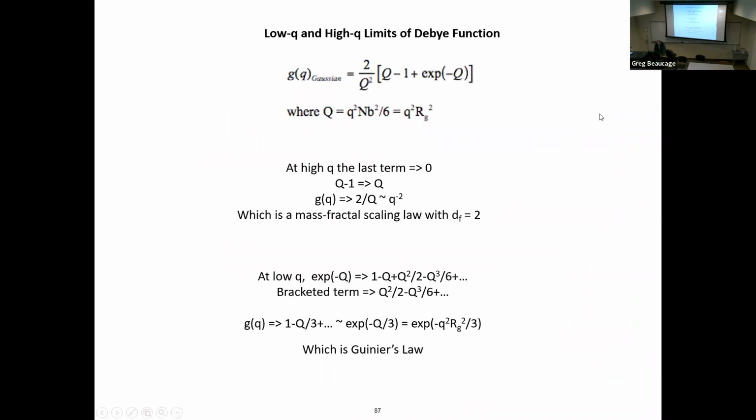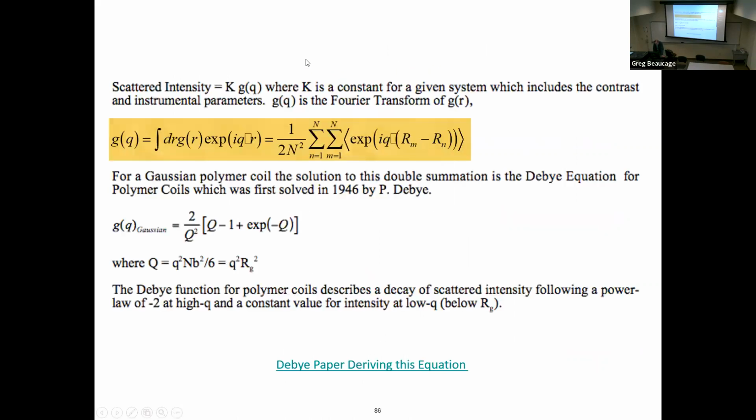Okay. So you can take the divide function, which you get by integrating. So you integrate, you stick in the NL squared for the R, for the difference of the R's, and then you get this function out of this double sum. Right.